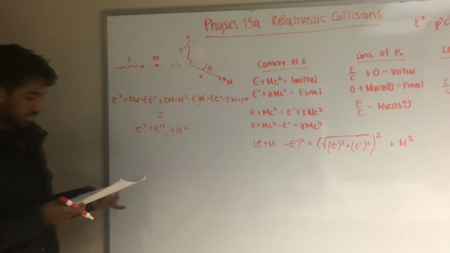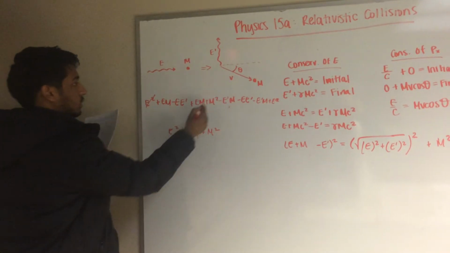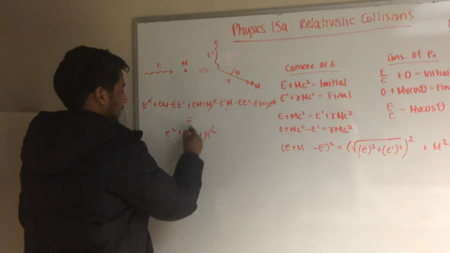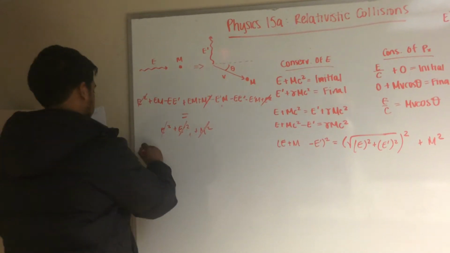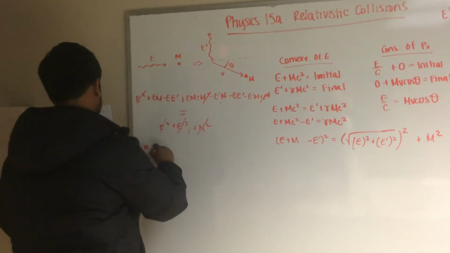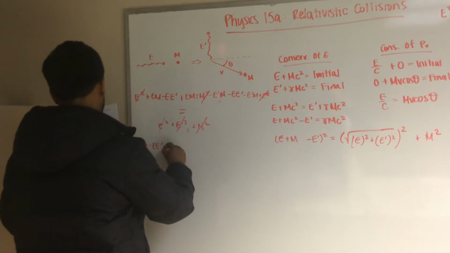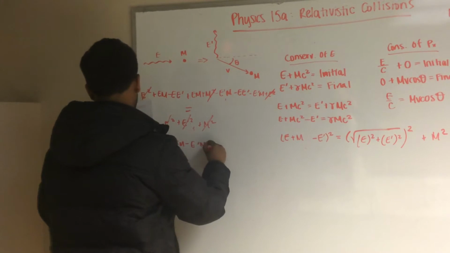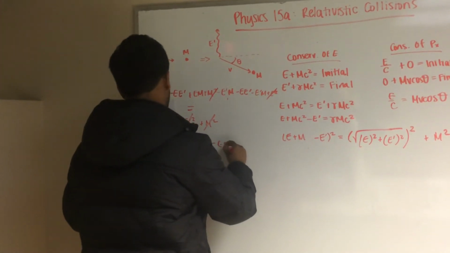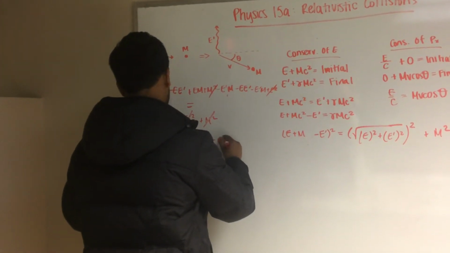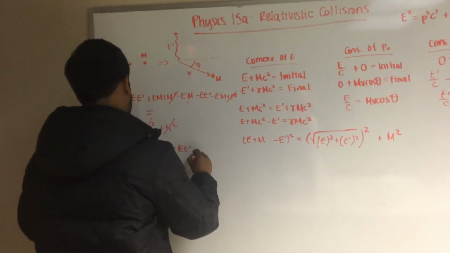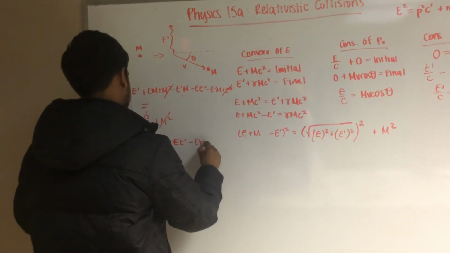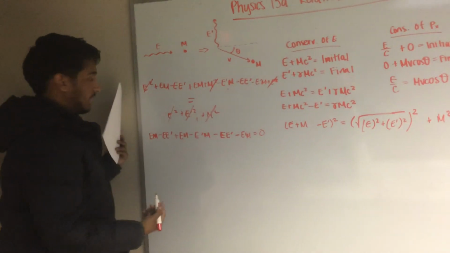Then what we can do is cancel out terms that we see. We can cancel out E squared, M squared, and E prime squared because they are also on the right. Now we're going to end up with EM minus E prime plus EM minus E prime M minus E prime minus E prime M equals 0 because everything on the right side canceled.